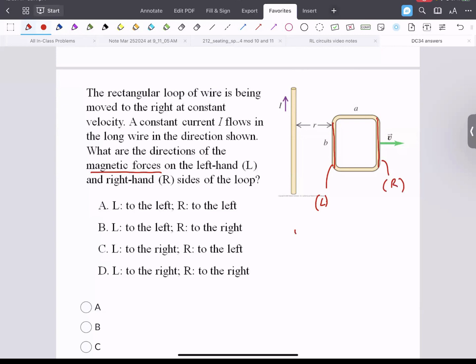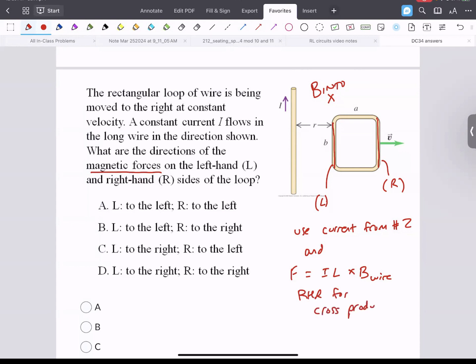So use your current from number 2, and then use that the force on a wire is I L cross B. Remember that my B was into the page because you're using the B from the wire. Then, with your right-hand rule for the cross product, it'll give you what you need for this one.